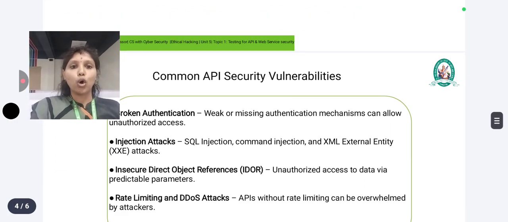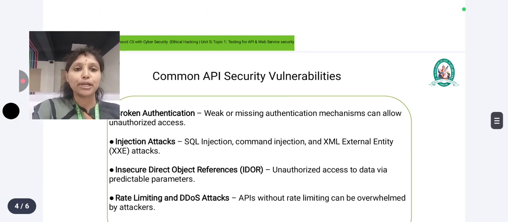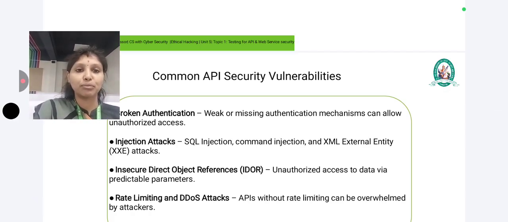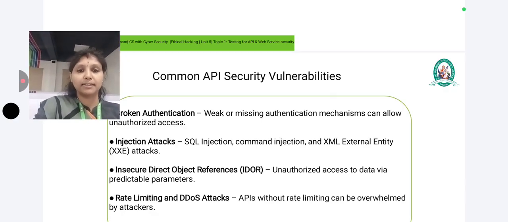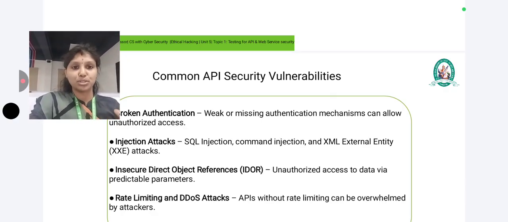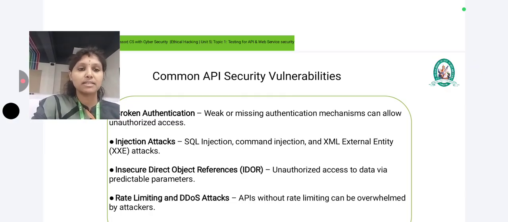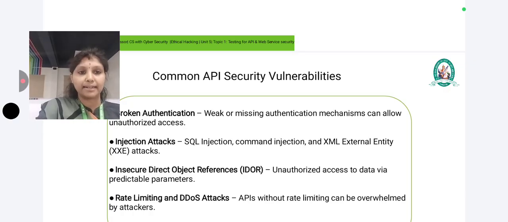Now let us see the common application programming interface security vulnerabilities. The first thing is broken authentication, where weak as well as missing authentication mechanisms can allow unauthorized access, and then injection attacks, SQL injection, command injection as well as the XML, extensible markup language, external entity attacks.